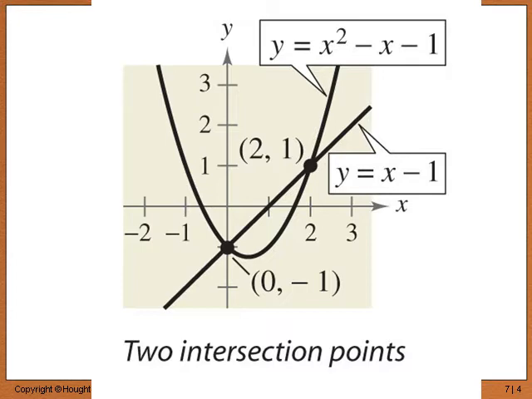You can again prove it to yourself by plugging (2, 1) into each equation, seeing that it works, and then you could also plug in (0, -1) into each equation and see that it works. But the point is that there are two solutions to this nonlinear system, and those two solutions correspond to the two intersection points.